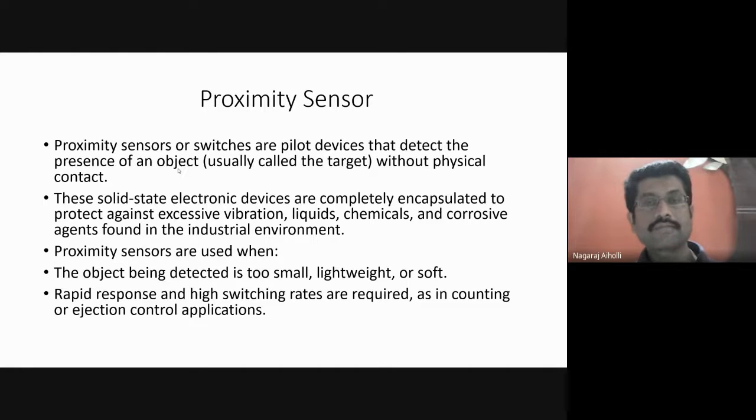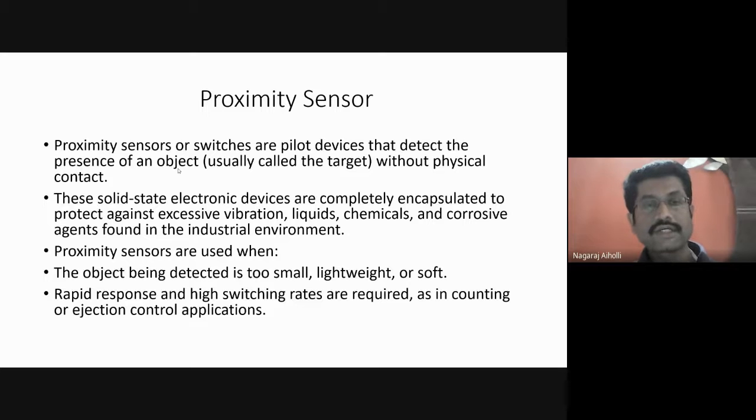Then there are certain materials which have conductivity in between that of the conductors and the insulators. Such materials are called semiconductors. These solid state electronic devices are semiconductor devices, with conductivity in between that of the conductors and the insulators.